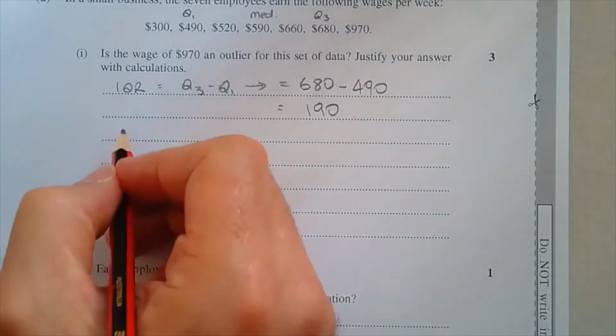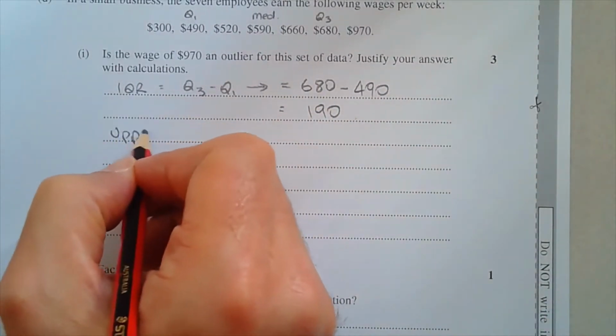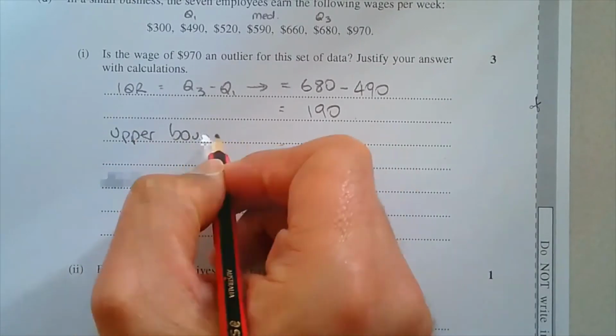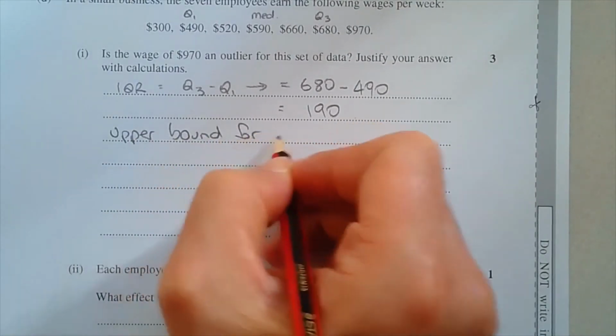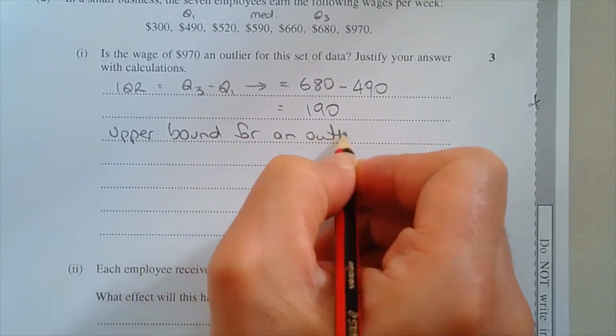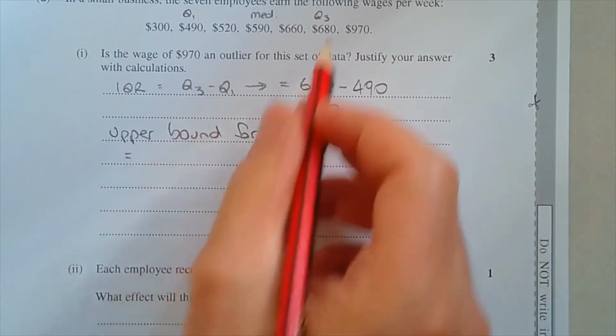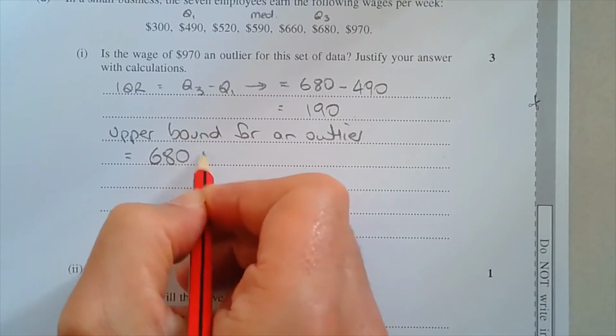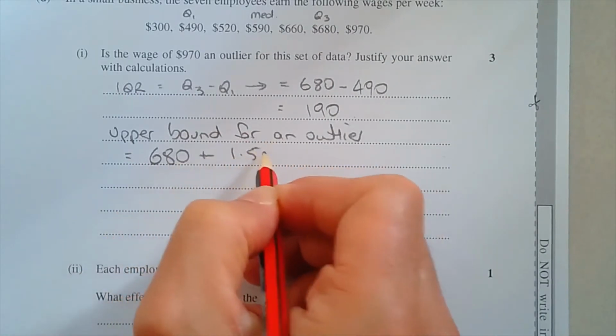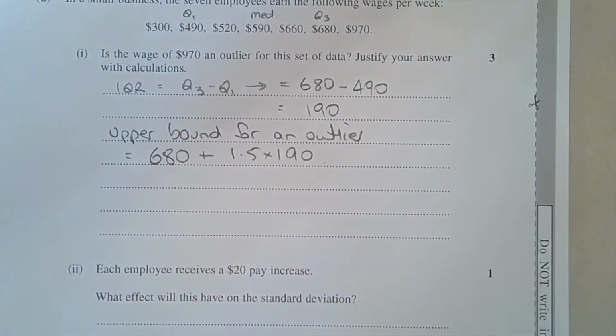So the upper bound for an outlier is equal to Q3 plus 1.5 multiplied by 190.